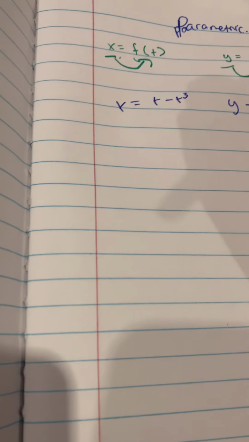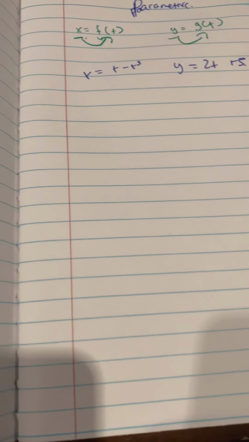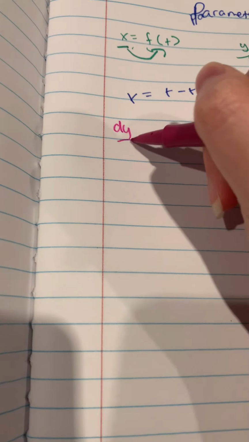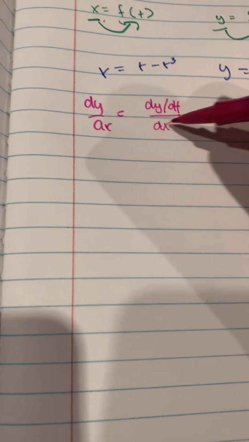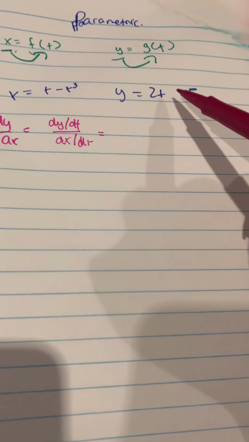Okay, so let's do some examples. What if we have x equal to t minus t cubed over 3, y equal to 2t plus 5. Let's find the derivative for this. We have dy/dx, just rewriting the formula now, which is dy/dt over dx/dt. The derivative of y with respect to t here should be 2.